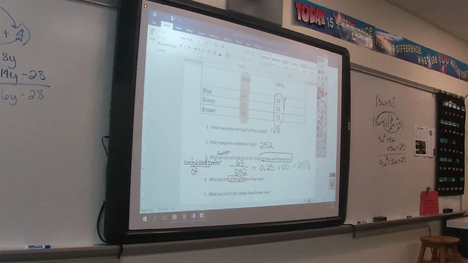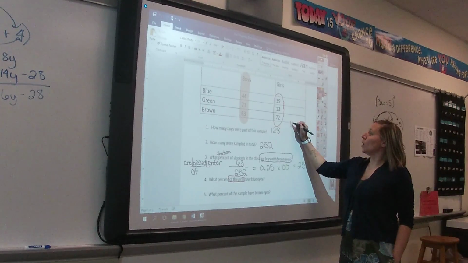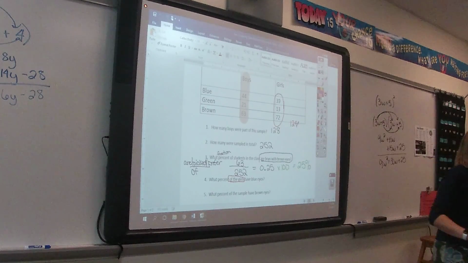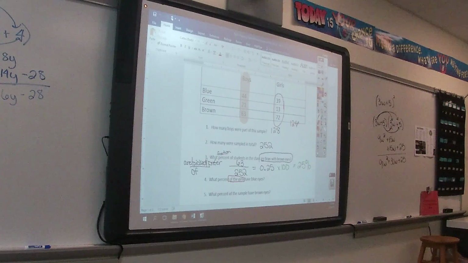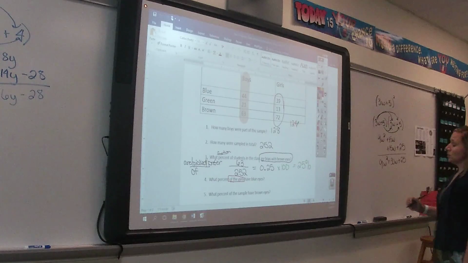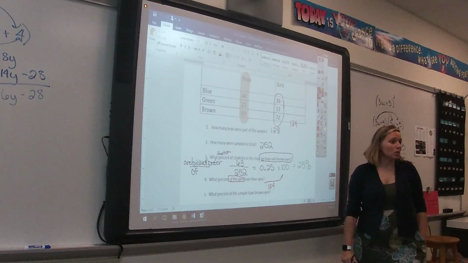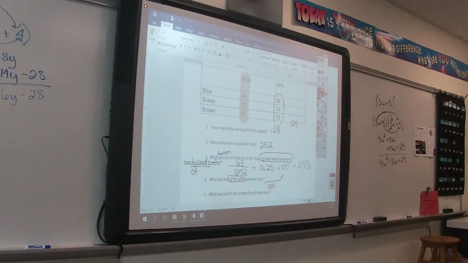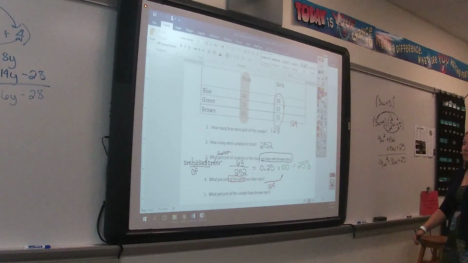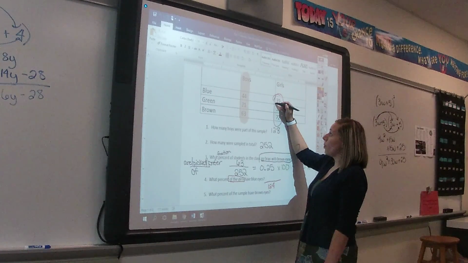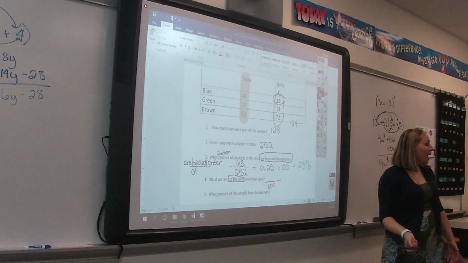If we add up our totals for girls, how many girls do we get? 124. Are we agreeing with that? Have blue eyes. So now we want girls that have blue eyes. 39.